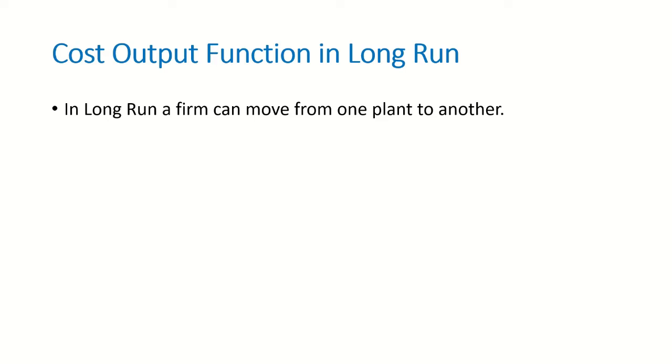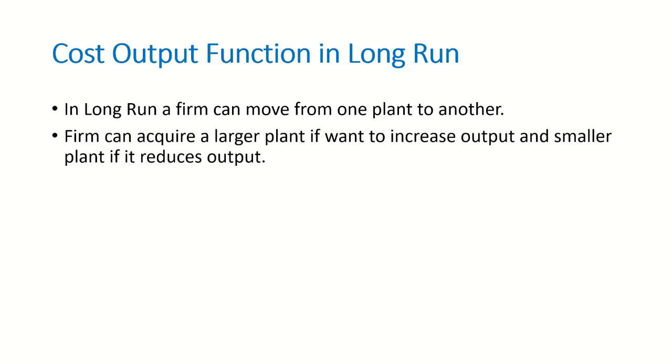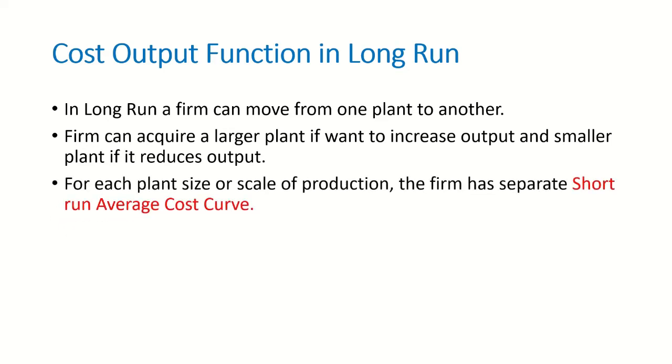If you want a medium quantity, you can choose a medium plant. And if you want a larger quantity, you can choose a larger plant. So a firm can move from one plant to another. The firm can acquire a larger plant if you want to increase the output, and a smaller plant if you want to reduce the output.